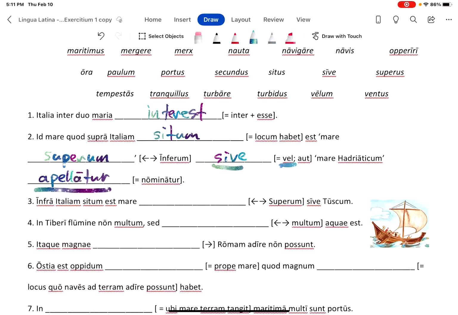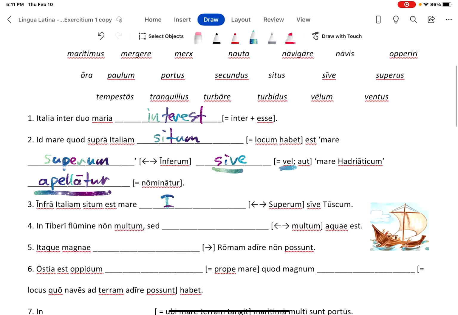Bene, number 3. Infra Italiam situm est mare inferum, sive Tuscum. Number 4, in Tiberi flumine non multum, sed paulum aquae est. So not much, but little of water is in Tiberi flumine. And Tiberi here is one of those irregular nouns that has the I in the ablative, just as mari can have the I in the ablative.